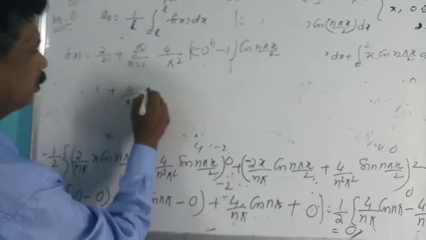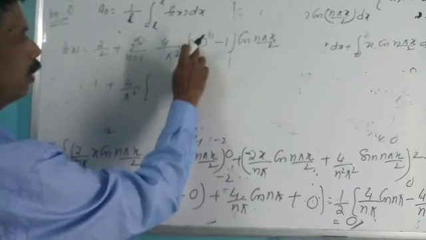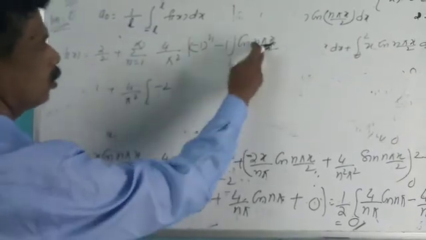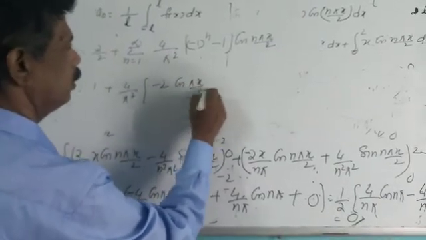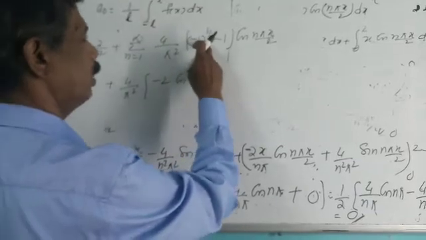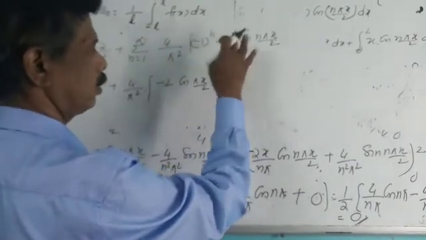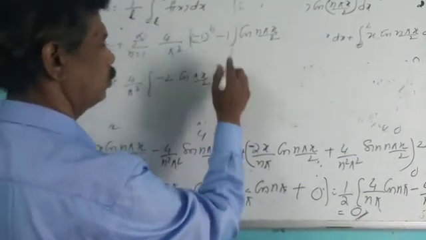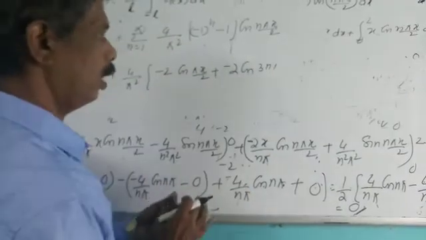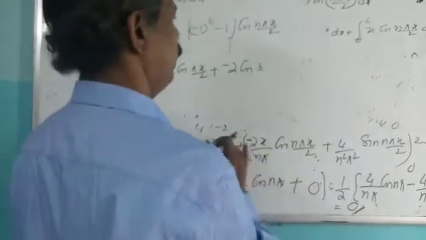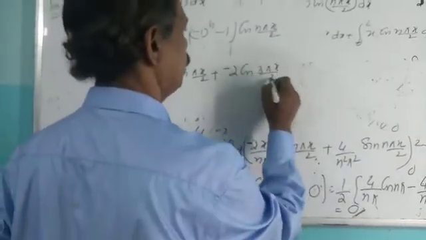Put n equal to 1: (−1 − 1) = −2, cos(πx/2). Plus, put n equal to 2: (1 − 1) cancels. Put n equal to 3: −2 cos(3πx/2).